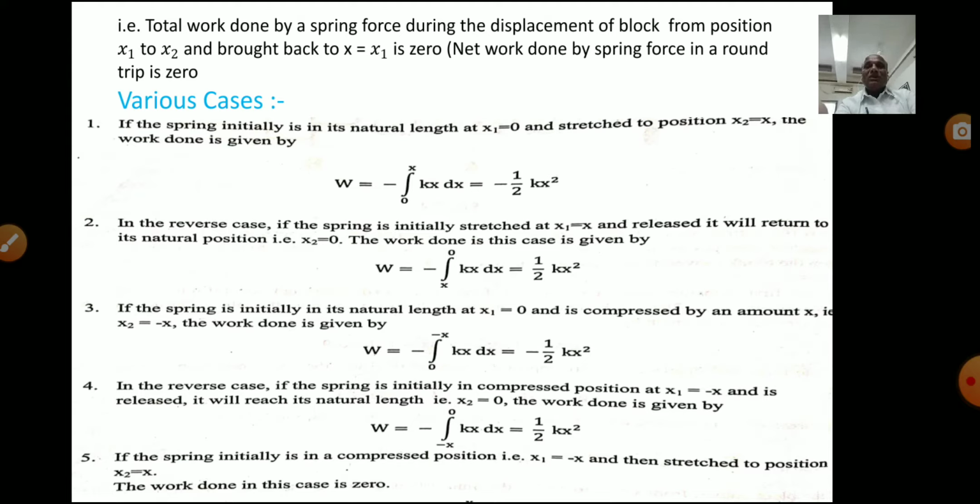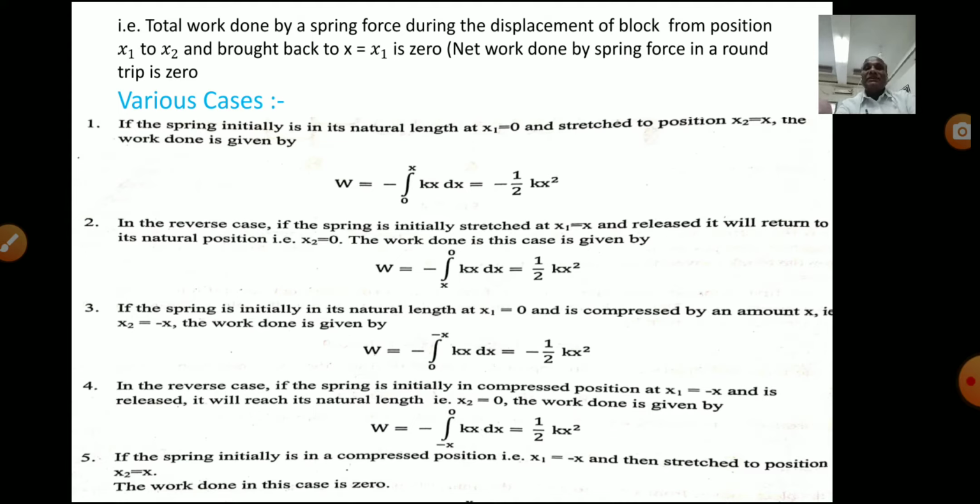Then the work done is given by the formula W equal to minus integral from 0 to x. Here we take the limits from which position to which position the body is displaced. So the initial position is x equal to 0 and the final position x2 equal to x. So 0 to x, minus kx dx. So this will be minus 1/2 kx square.